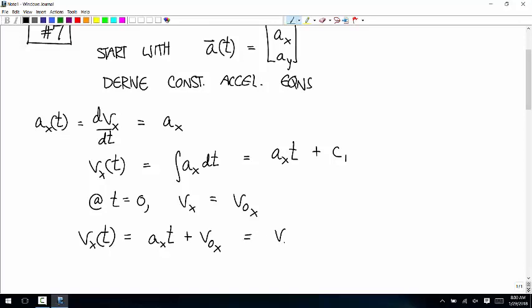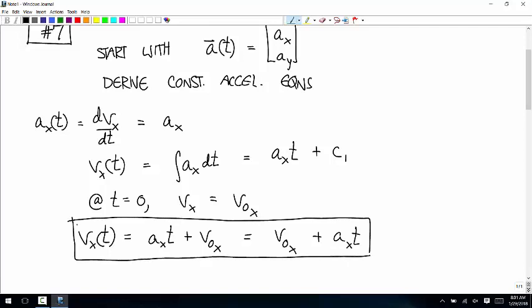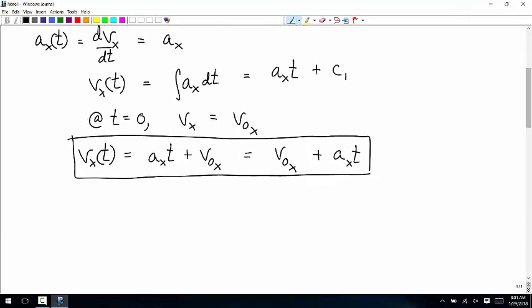And usually you see that just arranged the other way. It doesn't change anything. And then the y equation is the same. Any questions about that?